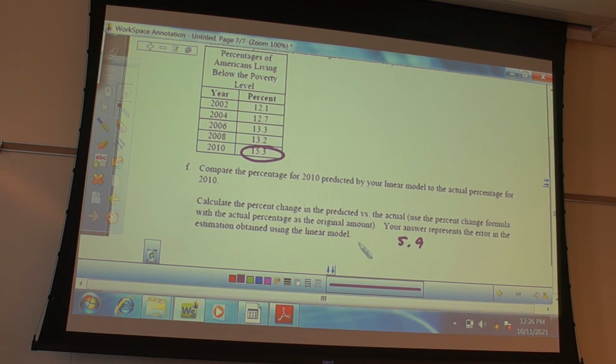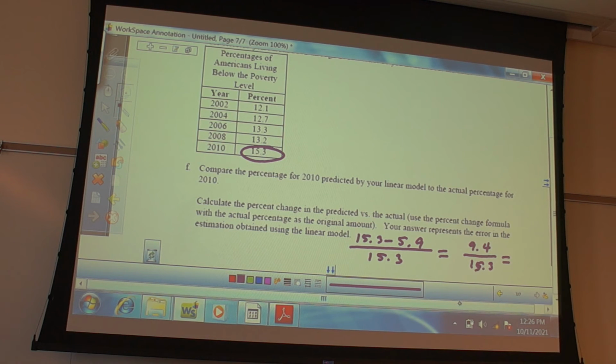So we're going to take what we actually got, subtract what we expected to get, and then divide by what we actually got to see the difference. So we'll see how far off it is. How far off is it? It's 9.4 away from what we expected to get. So it's a pretty big percentage.